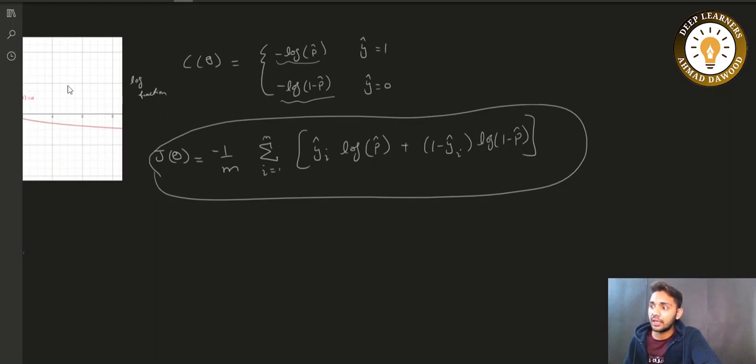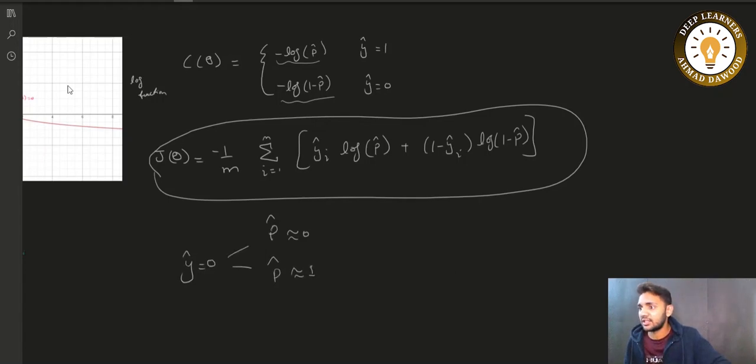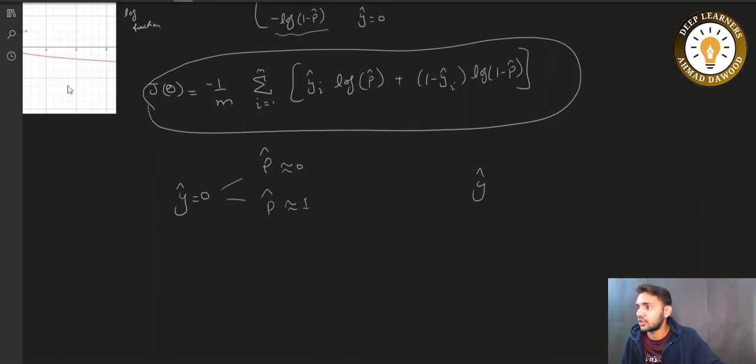Like here, let's say your actual value is 0, you will put 0 here. You can build four cases here. If your actual value is 0 but your predicted value is closer to 0, or predicted value is closer to 1, two cases here. In the same way, two cases when your actual value is 1 but your prediction is closer to 0, or closer to 1.